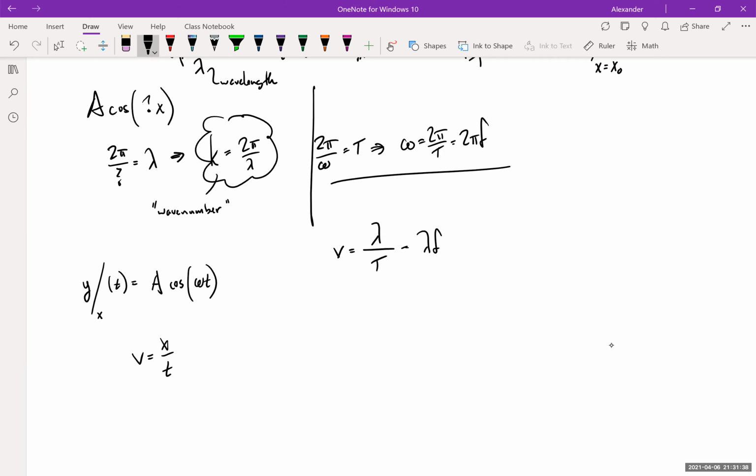So if we're interested in what's going on at coordinate x, we need to ask about what was going on at the source that much time ago.